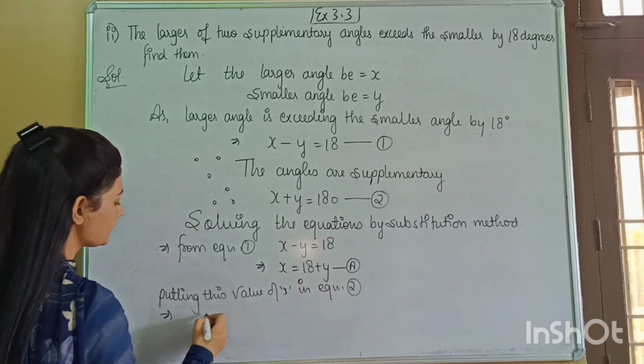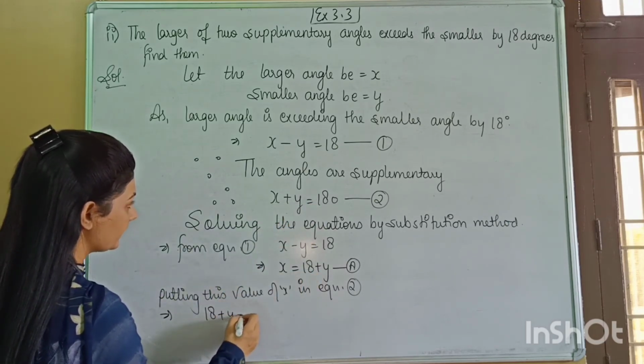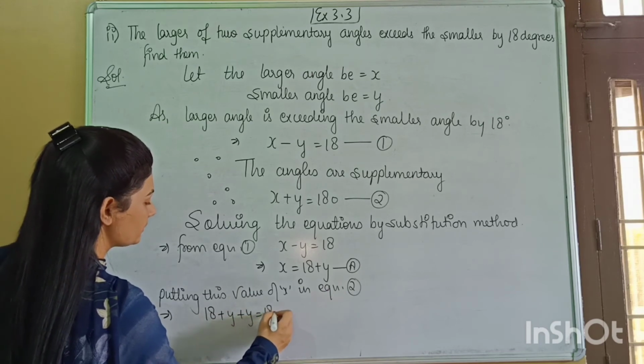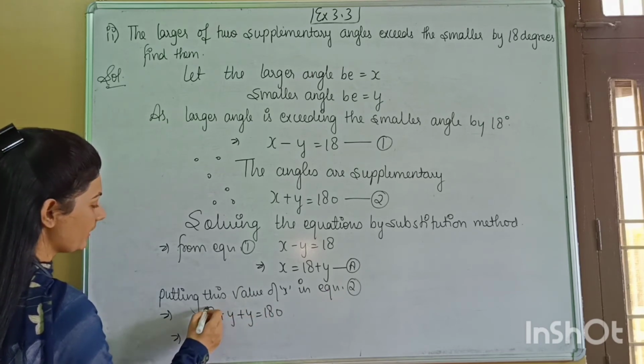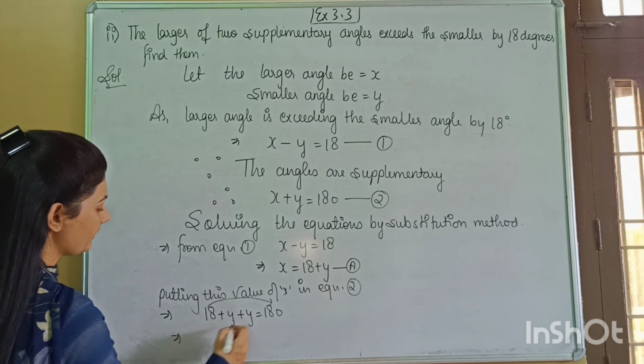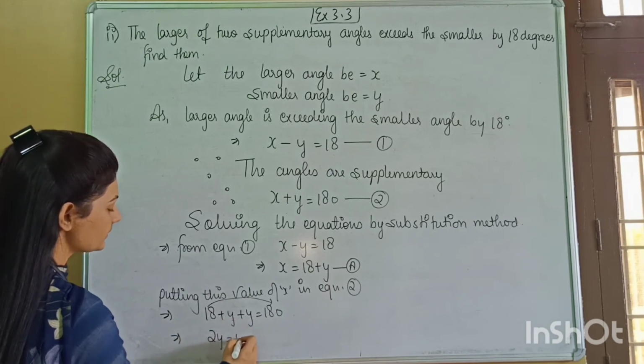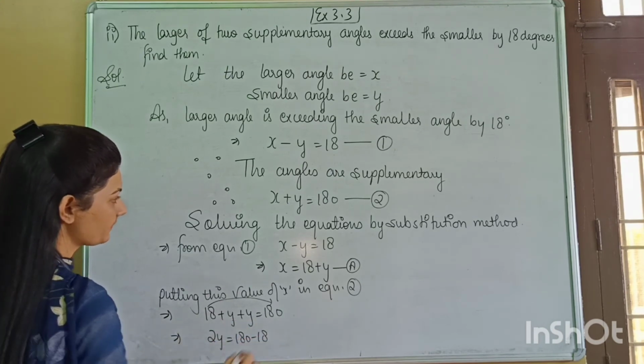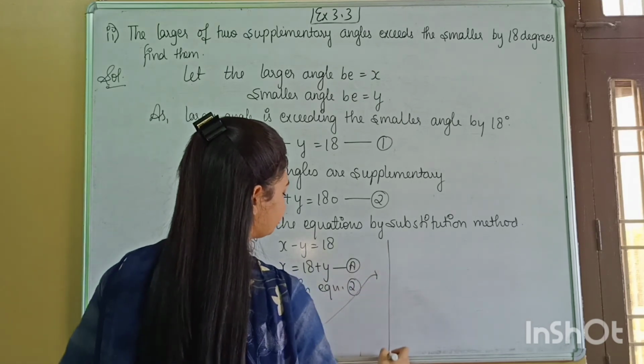So in place of x we will write 18 plus y plus y is equal to 180. So now 18 we will take to the RHS and y plus y will be 2y is equal to 180 minus 18.